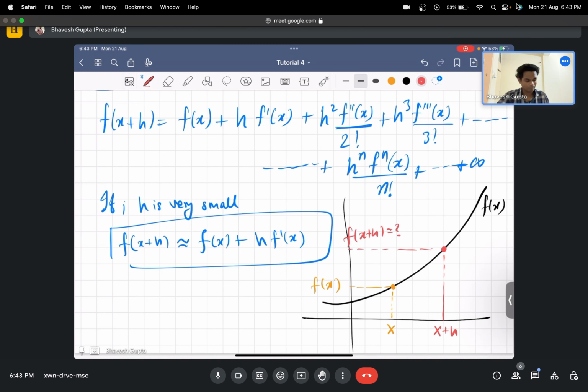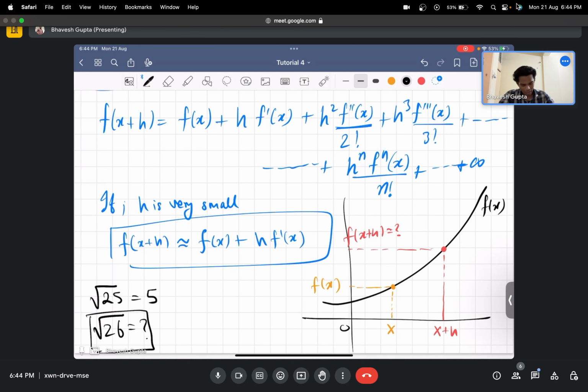I can give you one simple beautiful example for this. If I tell you I have the square root of 25, which I know the answer is 5, what if I ask you the answer of the square root of 26? Can you estimate that for me? So estimating this answer is going to be useful using this Taylor series.